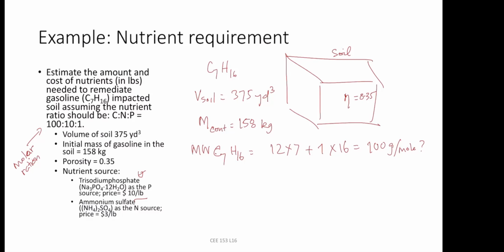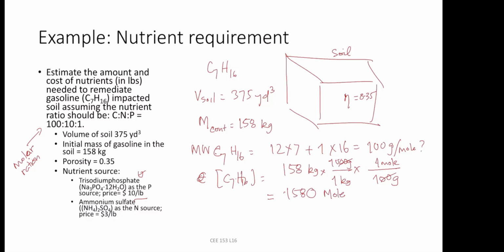But you have 158 kilograms. So the amount of gasoline in moles is the total weight, 158 kilograms, and 1 kilogram is 1000 grams. You know that 100 grams of gasoline is the same as 1 mole of gasoline based on the molecular weight. So that would be 1580 moles.